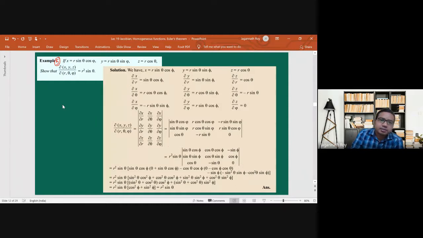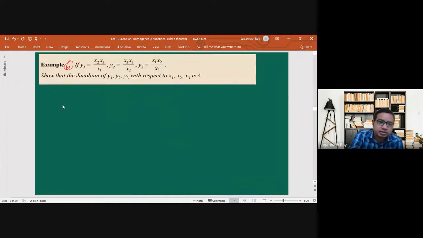For the fifth example, we just have to show that the Jacobian is r square sin theta. Nothing complicated, just simple computations, but we have to be careful about the negative signs.